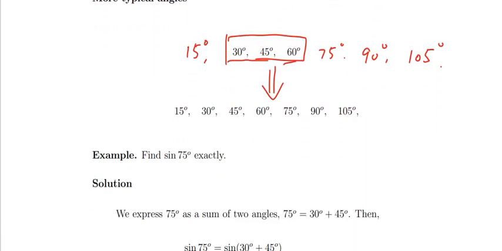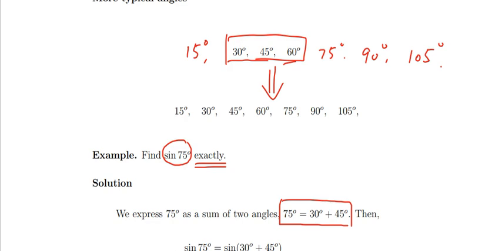Like for example, let's find sine 75 degrees exactly. Exact means we do not use a calculator. At first we should know that 75 equals 30 degrees plus 45 degrees. 75 is the sum of two typical angles.